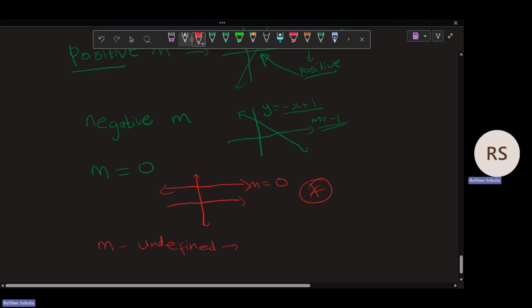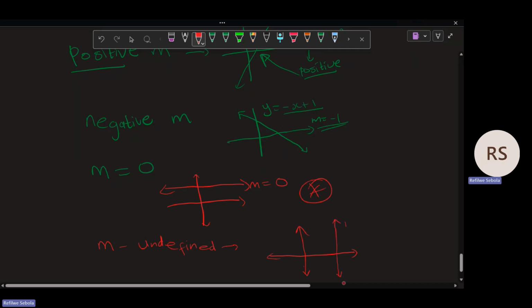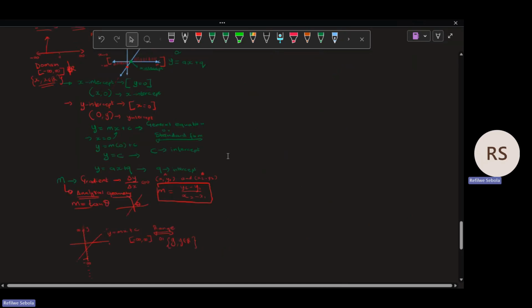That is when we have an equation parallel to our y-axis. That is when the gradient is undefined. With this information we can answer questions on our straight line function.